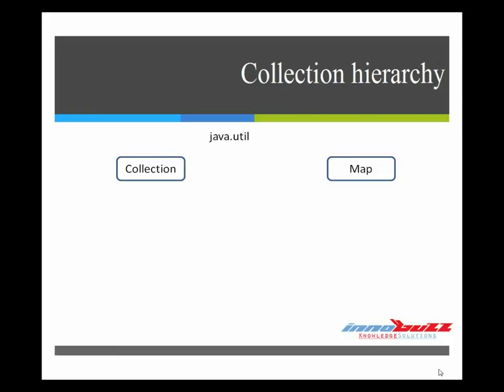Some of them allow duplicate elements, others do not, and so on. We will see that in detail. The map interface is named after mapping keys to values. So classes that implement this will have two important parts, the keys and the values.